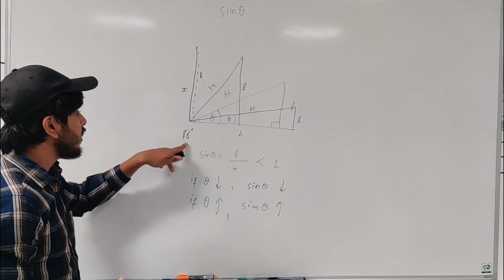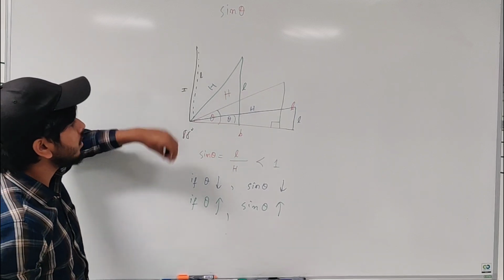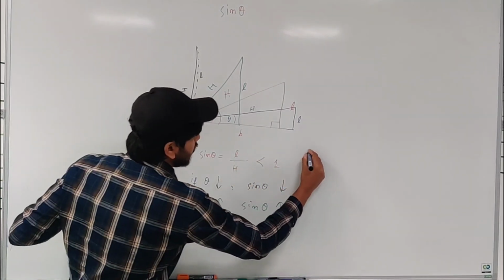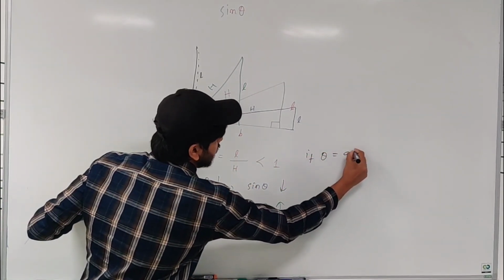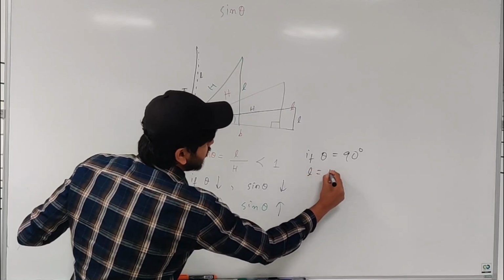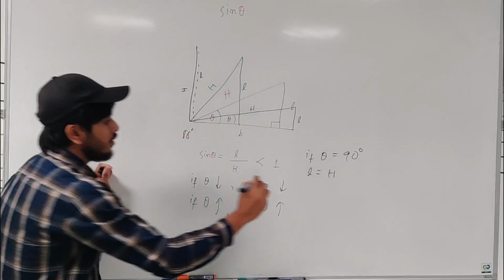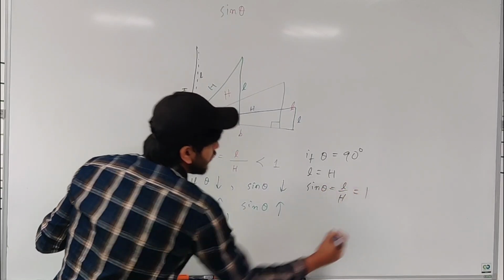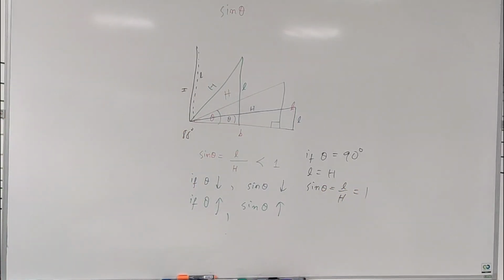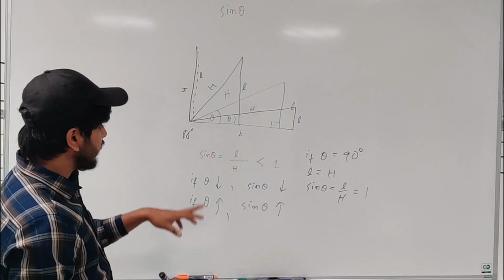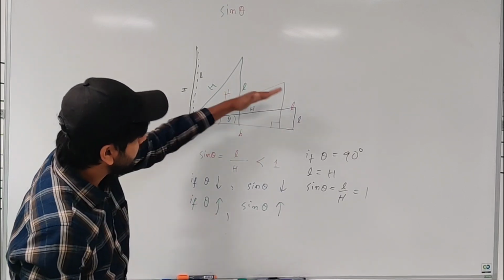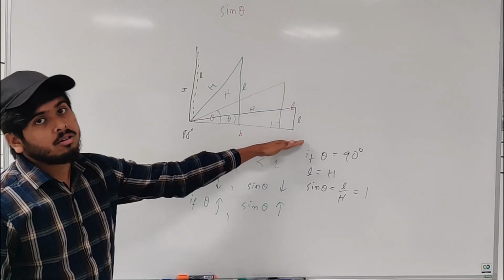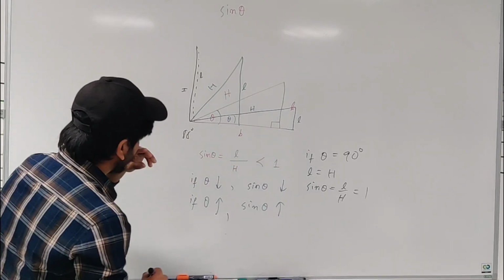If theta is 90 degrees, they are basically the same line, so H is equal to L, and sine theta, which is L over H, becomes 1. So that's why sine 90 degrees is 1, and sine 0, when the blue line comes on top of the red line, is 0.